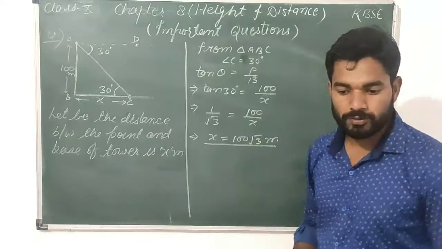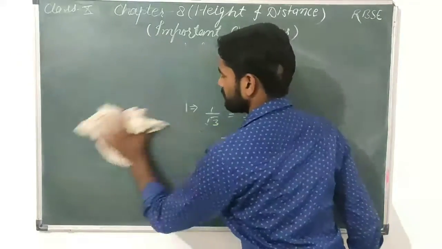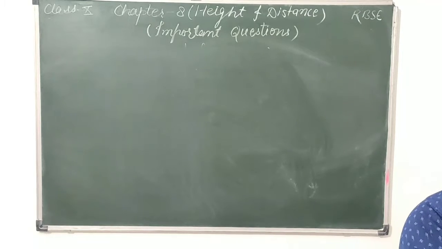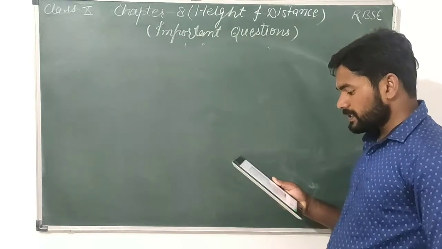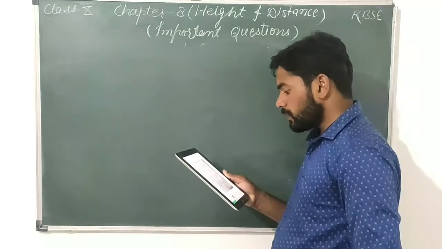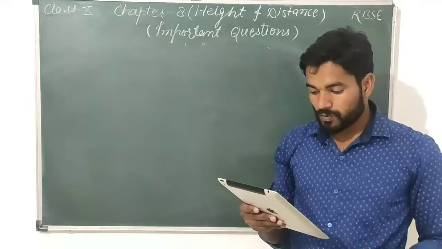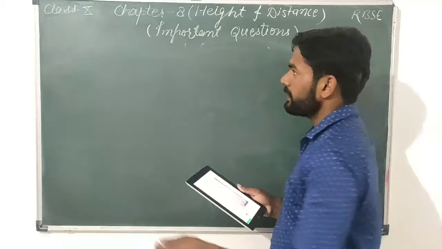Okay students, next question. Question number 6: the tops of two pillars whose heights are 20 meters and 40 meters are joined by a wire.